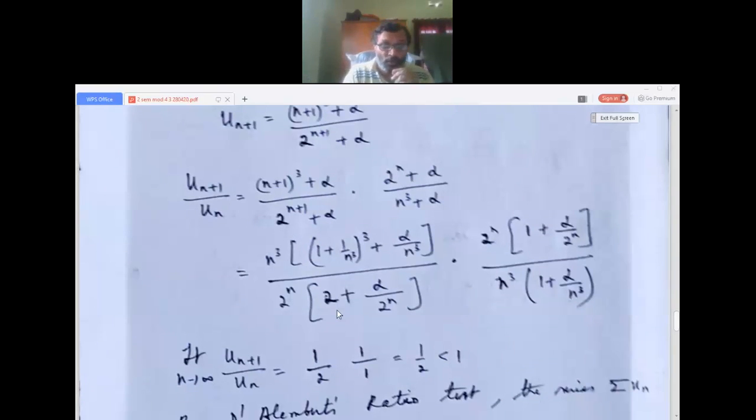Now according to D'Alembert's ratio test, we have to find un plus 1 divided by un.